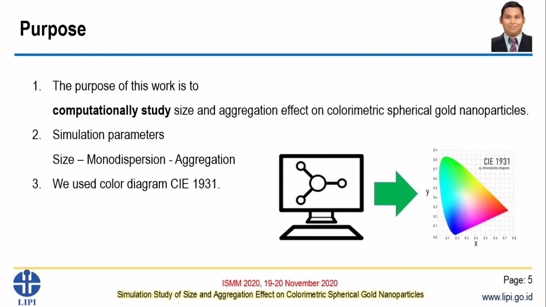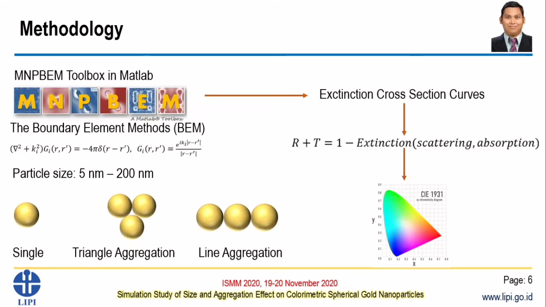To display the true colorimetric results, we use color diagram CIE1931. We assume that this work can produce simple colorimetric technique to observe colloidal gold nanoparticle. In order to simulate colloidal gold nanoparticles, I use MNPBEM toolbox from Hohenester from University of Graz, Germany.